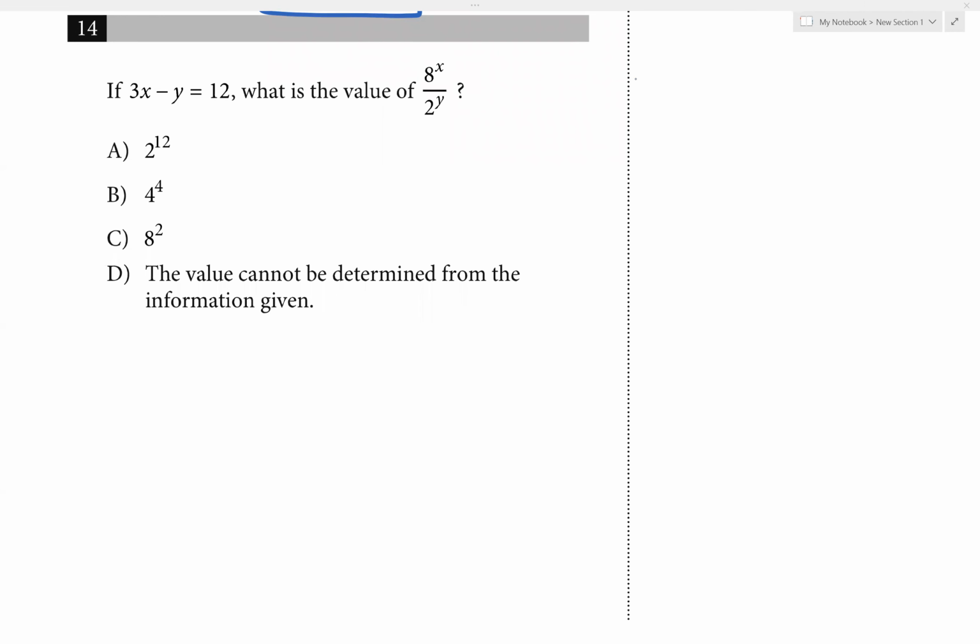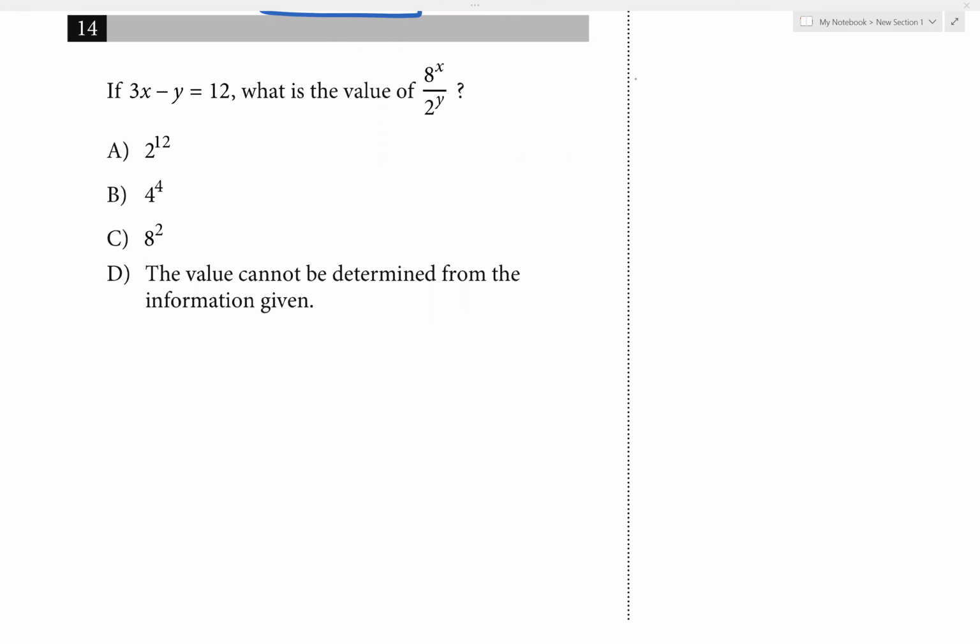And number 14 says, if 3x minus y equals 12, what is the value of 8 to the x over 2 to the y power? This question is definitely a tough one because it's hard to see where to begin.